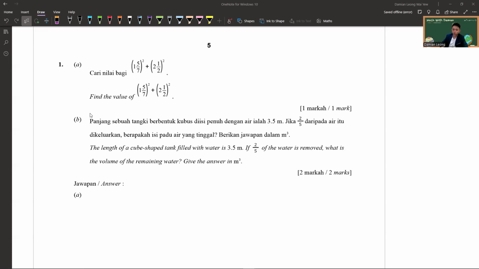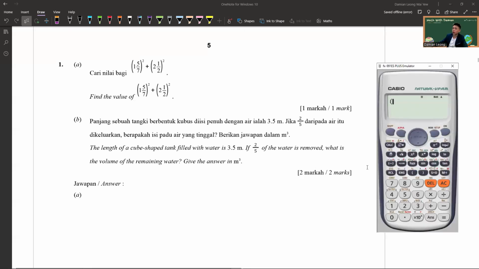You can actually use a calculator to calculate this. Just key in exactly what we want. Make sure you know how to key in a mixed number in your calculator. For the ES or EX version, it is shift and then the fraction button. Make sure you don't put 1 and then the fraction and then go in front of 1. No, it's a different thing.